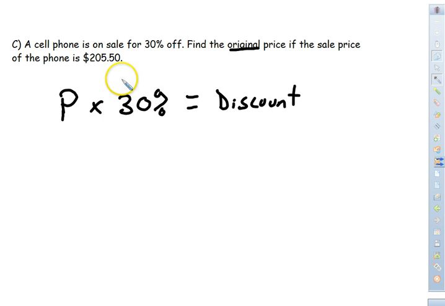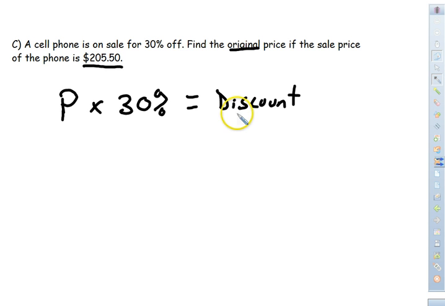Well, we don't know what the discount is. It's 30% off of something. So $205.50, that's what we do know. So setting it up in this manner is not what we are looking for, because we don't know what the discount is. We can't set it equal to that. It makes it a little more difficult.